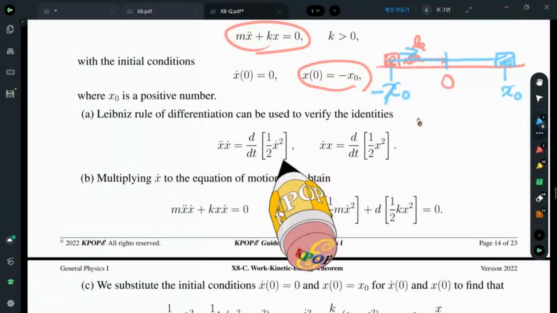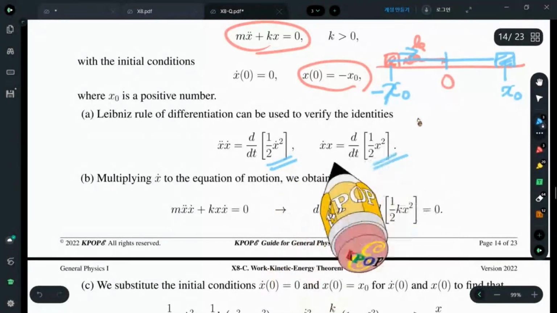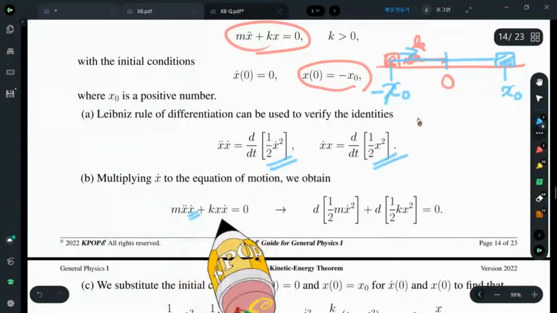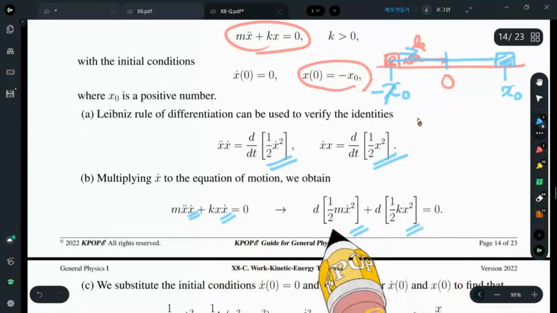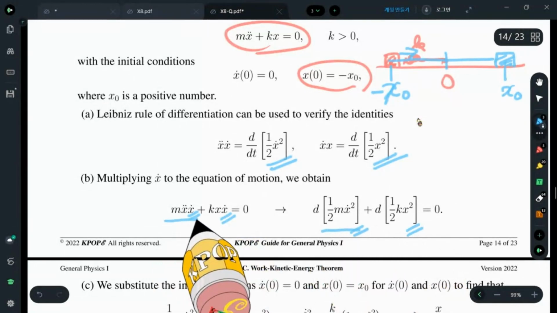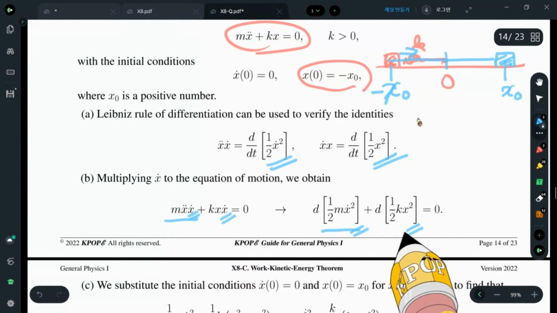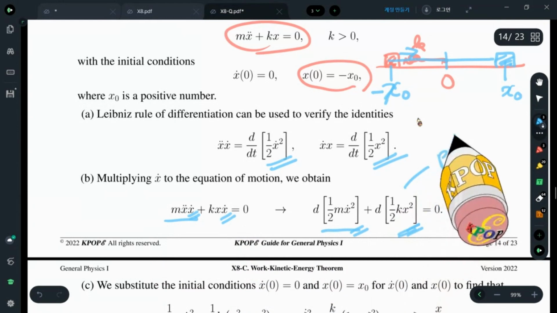Anyway, we know the total differential. Using this, by multiplying the velocity, we can find the total differential of kinetic energy. This is the total differential of the kinetic energy. This is the total differential of what we will learn later as potential energy.